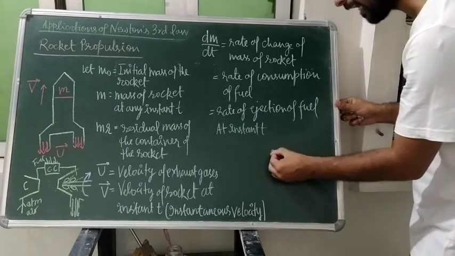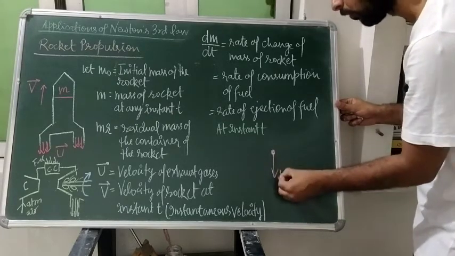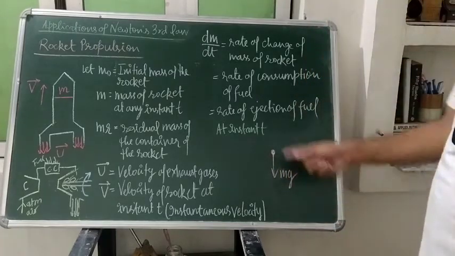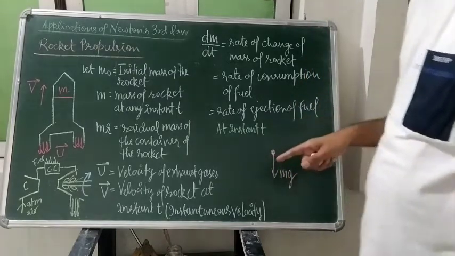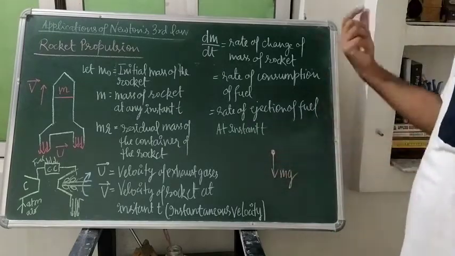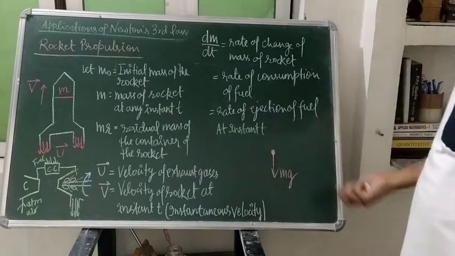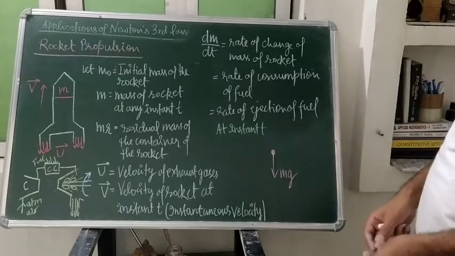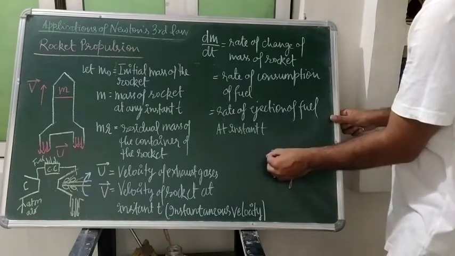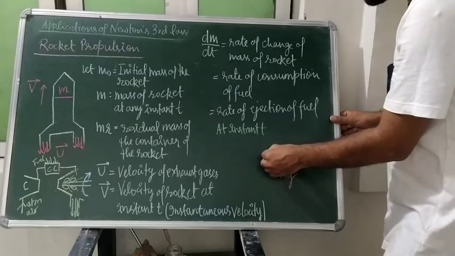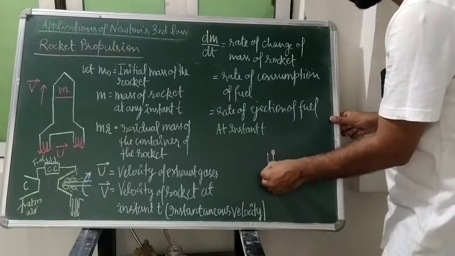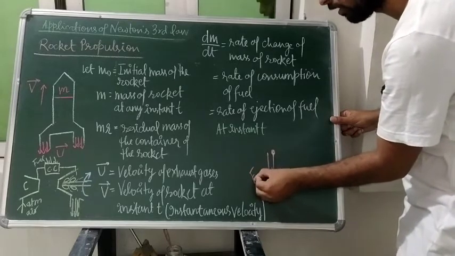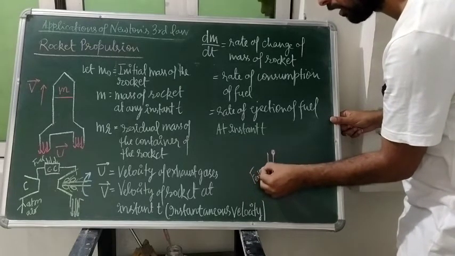What are the forces acting on it? The first force you can say is the weight of the rocket. At instant t, the mass is our small m, so the weight will act in the downward direction due to gravity. Okay. The next force which can act on it is F exhaust. Okay, F exhaust.